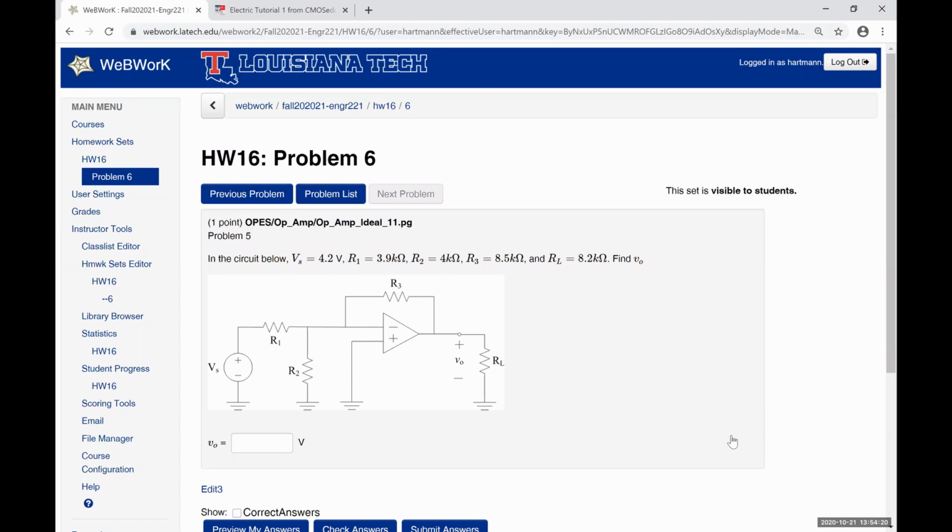So that resistor R2 doesn't actually do anything there, right? So we have a situation where we have a voltage source applying some current to this resistor R1. All that current flows through resistor R3, and that allows us to calculate V out. So in this case, it would actually be V out is negative R3 divided by R1 times Vs.